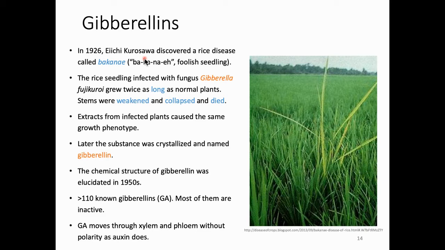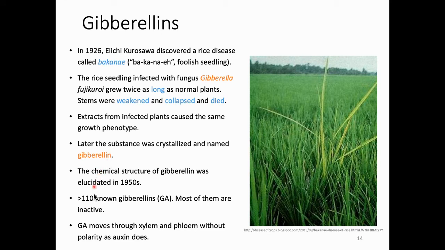This disease was caused by infection with the fungus Gibberella fujikuroi. This is the old name, but from the old name you can see that the name gibberellin came after Gibberella, and the extract of the infected plants contained the hormone gibberellin, and later it was crystallized and named gibberellin.